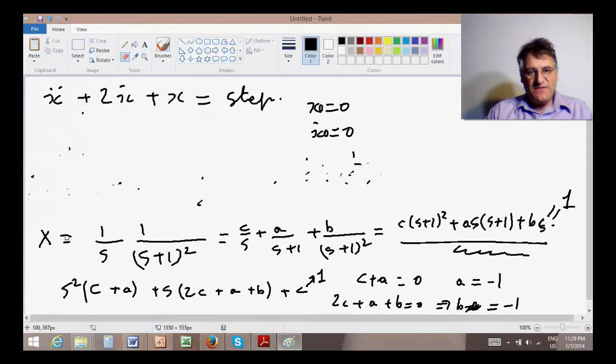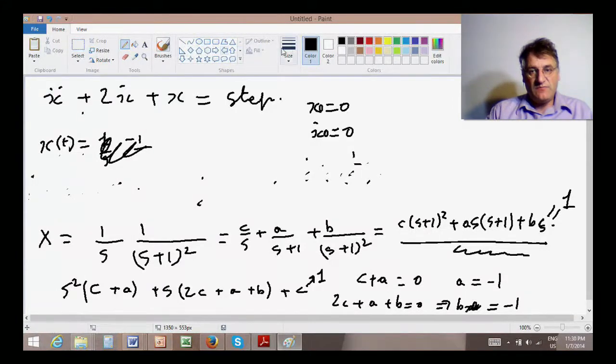So if this is X, and we have as values for c, a, and b: 1, minus 1, and minus 1, then we know that x of t is simply going to be equal to 1 over s minus 1 over s plus 1.